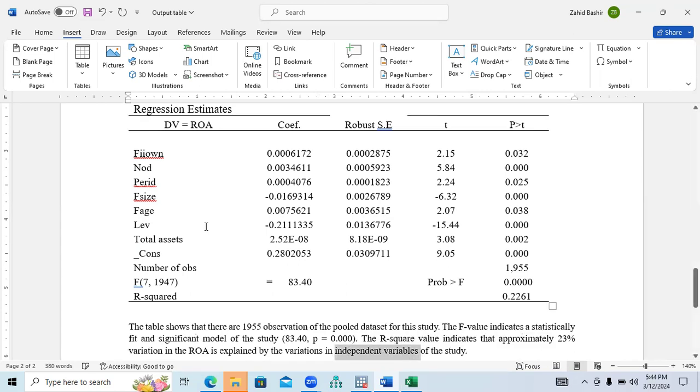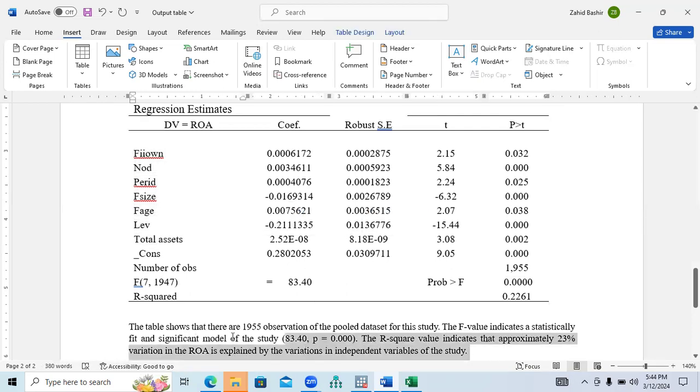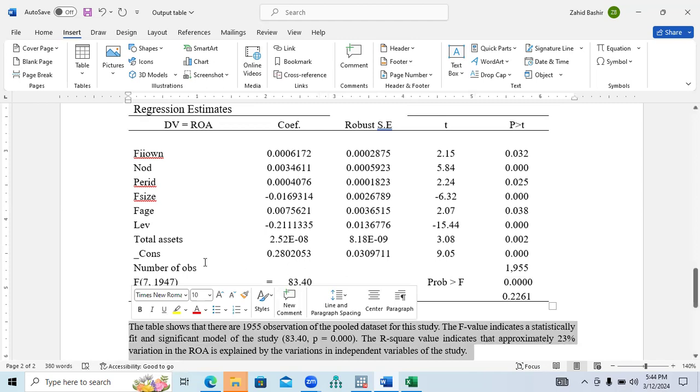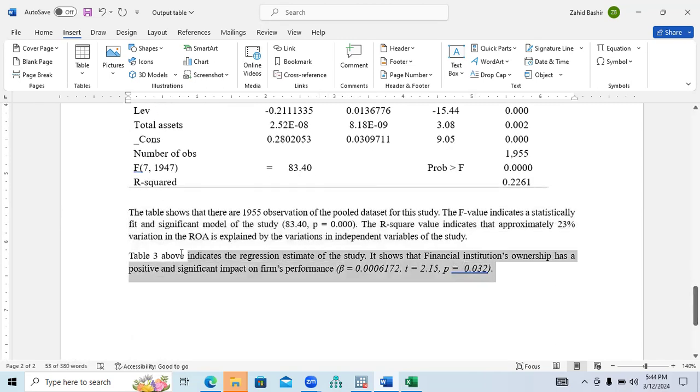Here you can also put the names of your independent variables. All right. So this is how you can interpret the other values, and this is how you can interpret your variables one by one.